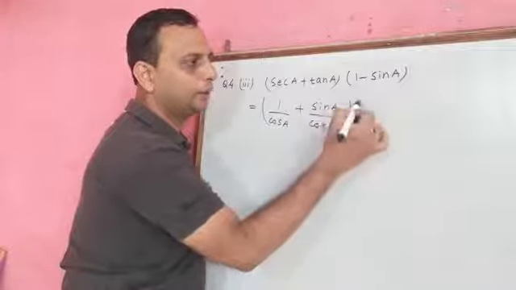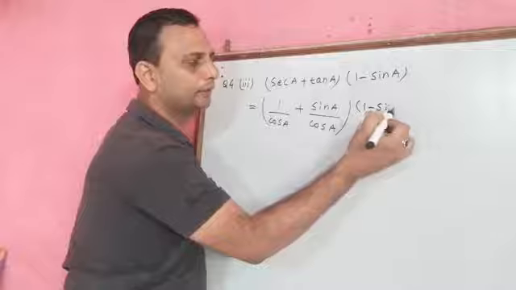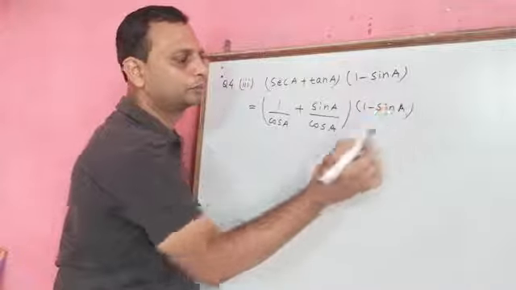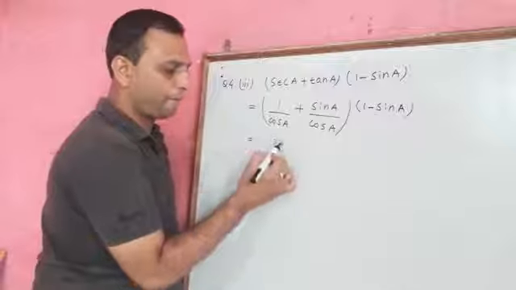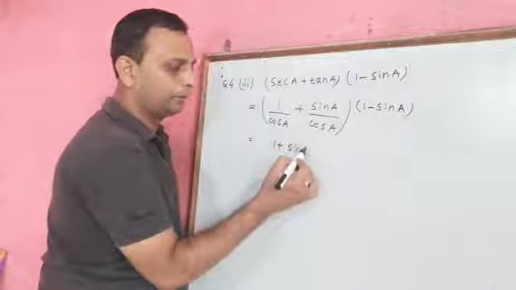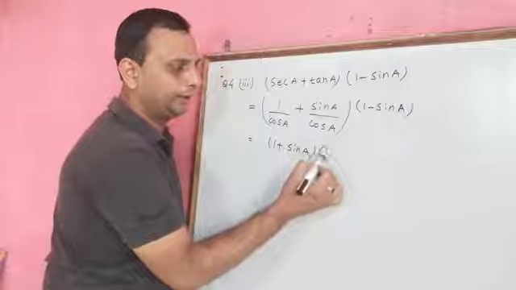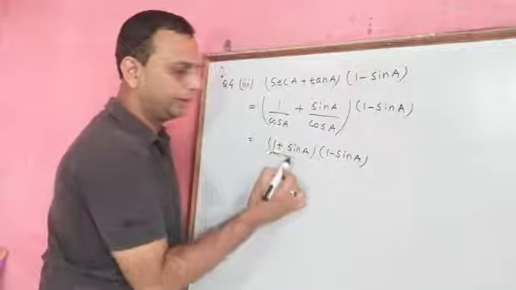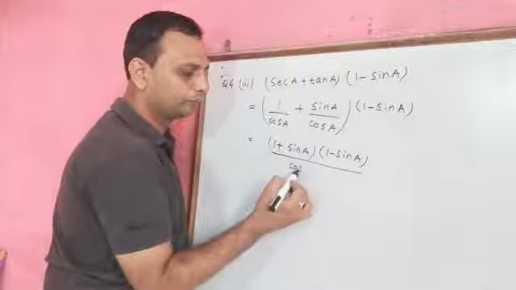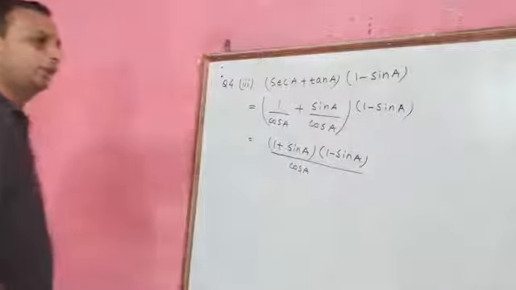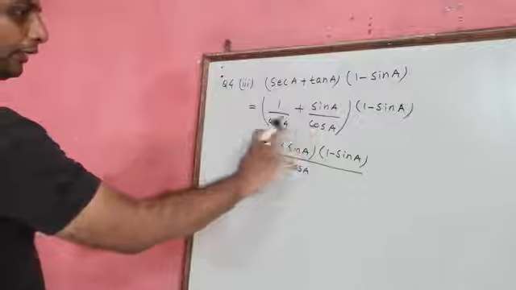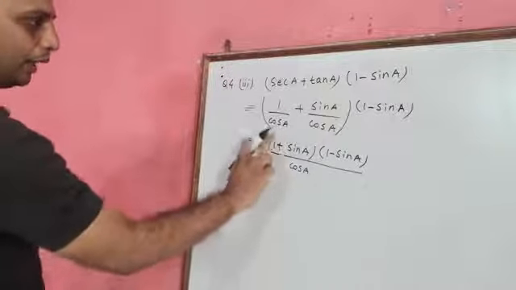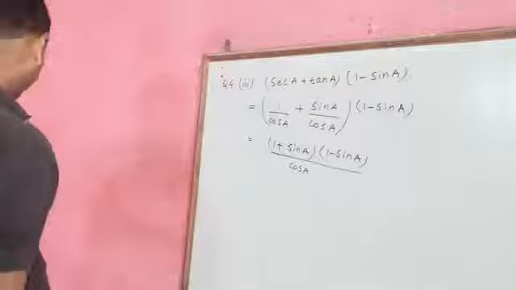And here 1 minus sin A. 1 plus sin A upon cos A, and 1 minus sin A. Because here the denominators are same, so the LCMs are same.